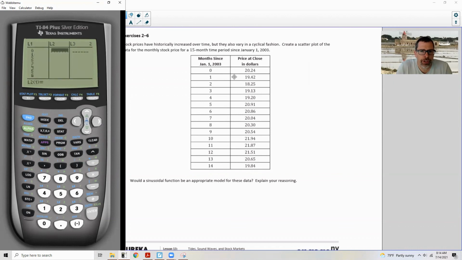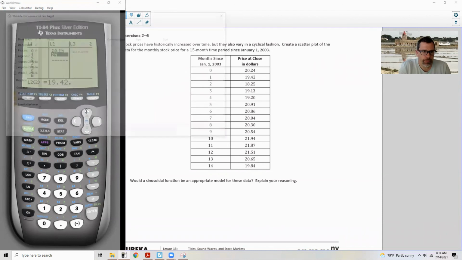Then arrow over and plug in the next column. 20.24. Whoops, I hit enter instead of the decimal point. 20.24. 19.42.